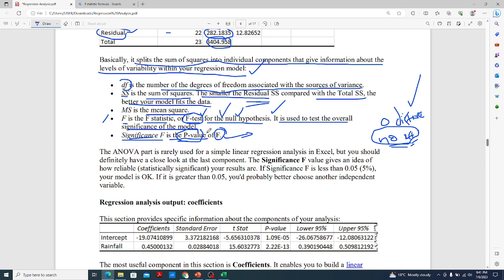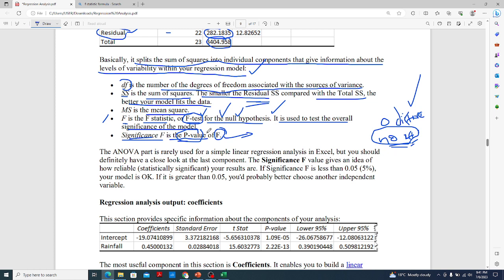Under this probability we are assuming that the null hypothesis holds.